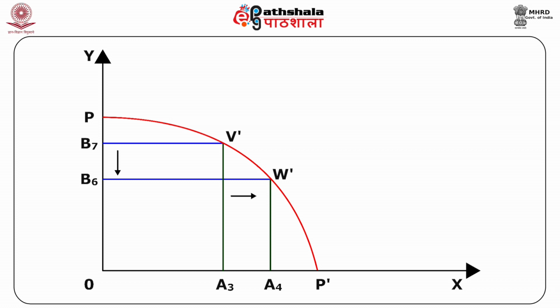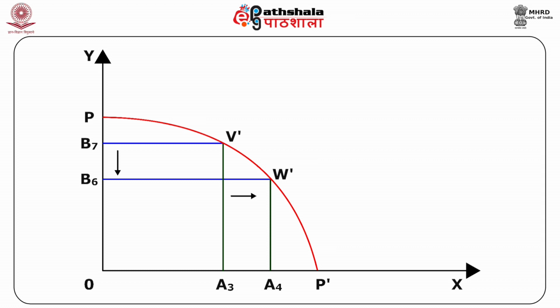We therefore have two illustrative points, one is V prime and the other is W prime, and these represent two points of tangency on the Edgeworth contract curve. But as we have said, as we move down in the case of production of Y from B7 to B6, the production of X increases from A3 to A4.